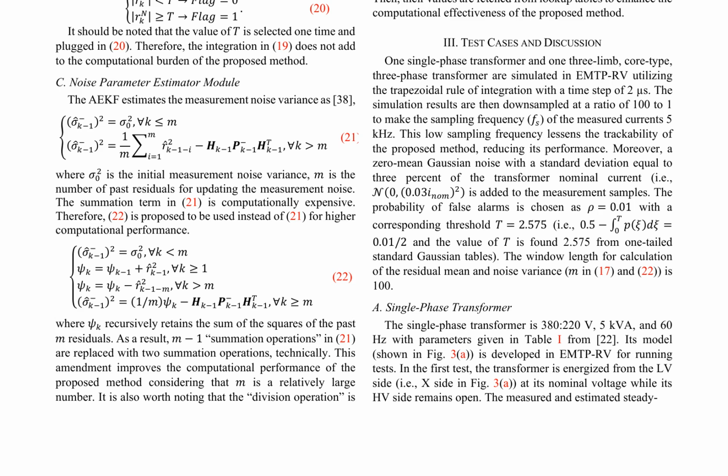The proposed method was tested on a single-phase transformer and a three-limb, core-type, three-phase transformer using EMTP-RV. Simulation results were downsampled and Gaussian noise was added to simulate real-world conditions. The results show that the proposed method is effective in estimating transformer states under these conditions, with a probability of false alarms set at 0.01 and a corresponding threshold of 2.575.